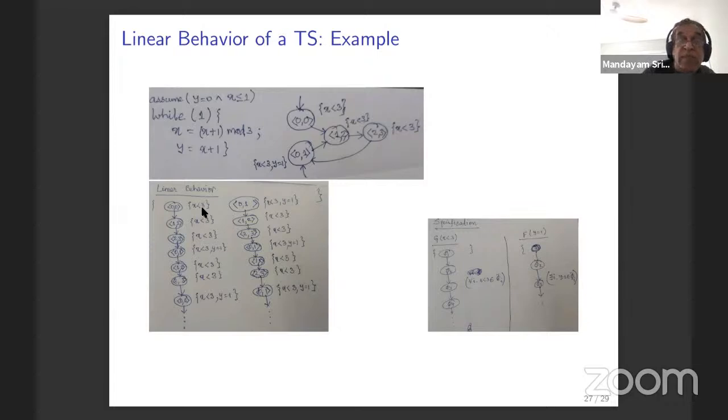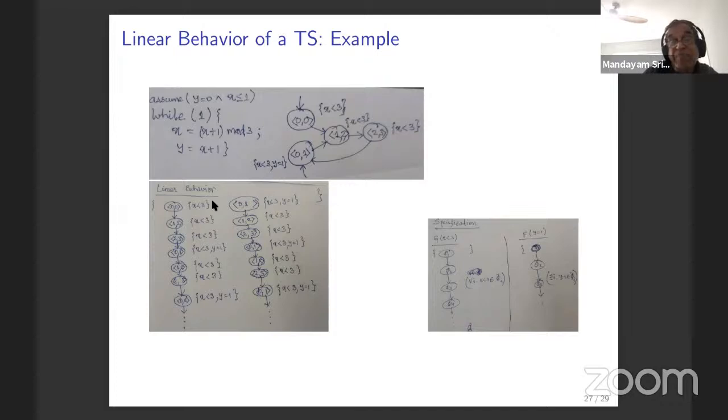So if I start with x less than 3, then I can only reach a state which is x less than 3, x less than 3, and so on. So this is keeping track of how my predicates' truth values evolve. Traces are keeping track of how the truth values of the predicates are evolving as the system executes. So as you can see, these are the only two possible traces that can be in the behavior.